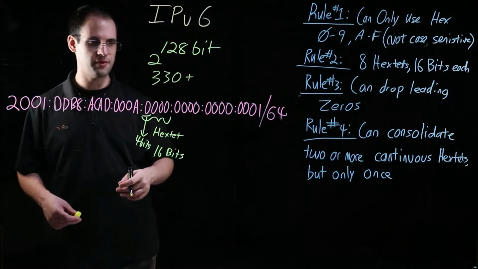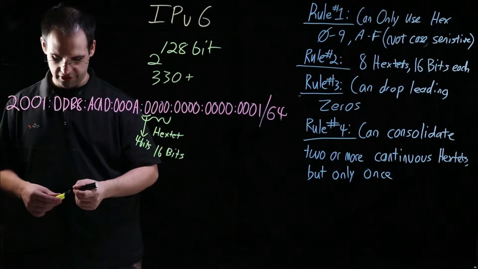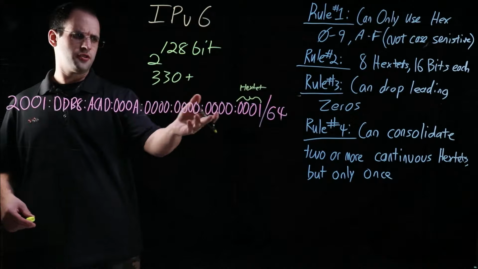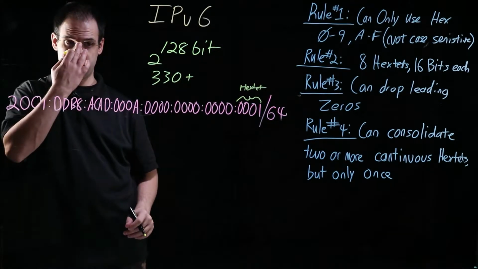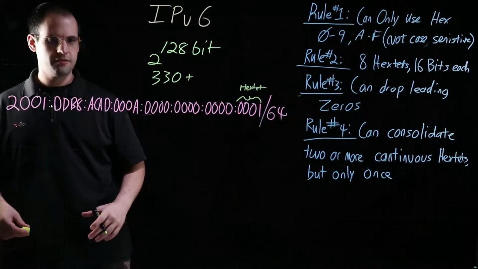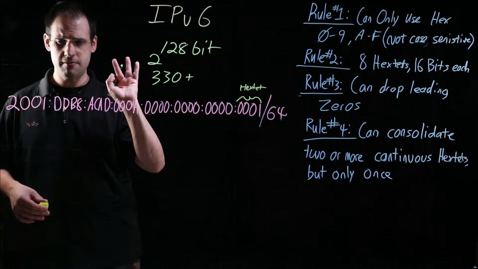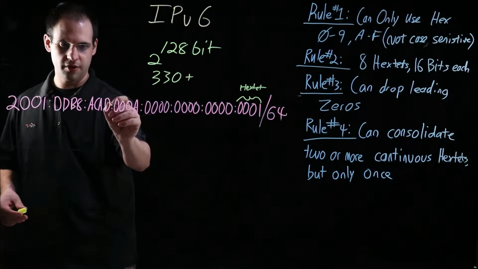Also, to give you some perspective, let's look at the structure of this IPv6 address. I just moved this up here to clear out the bottom so we have some room to move. Usually an IPv6 address is broken up into 3 main parts. The first part is the first 3 hextets right here.